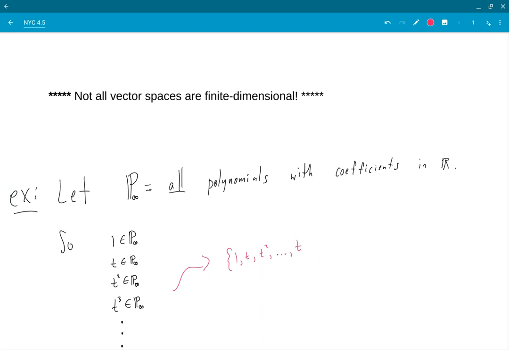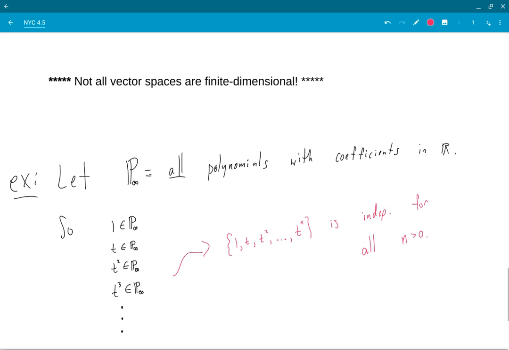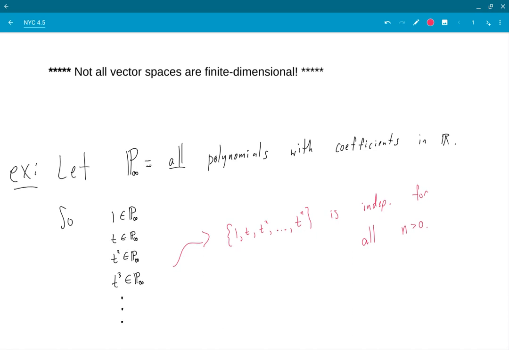Let's see, I go t to the n is independent for all integers n bigger than 0. So there's not going to be a finite basis.